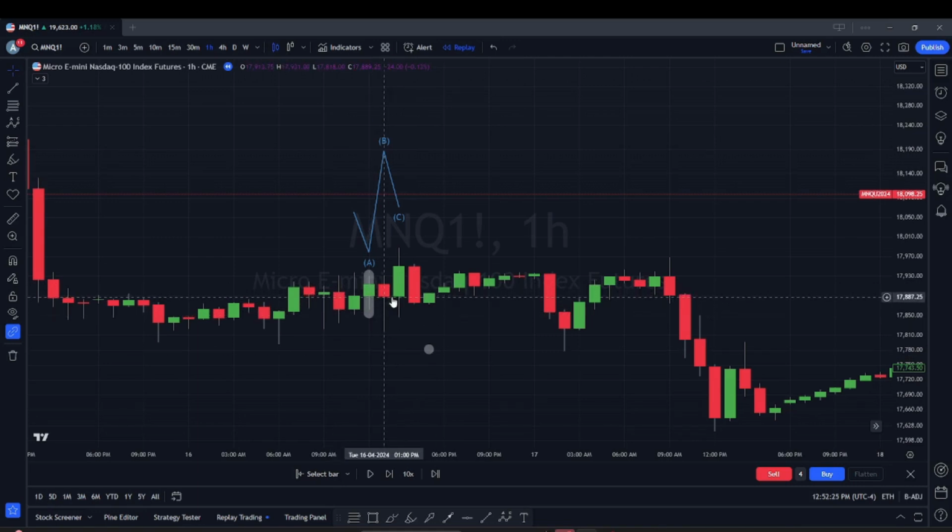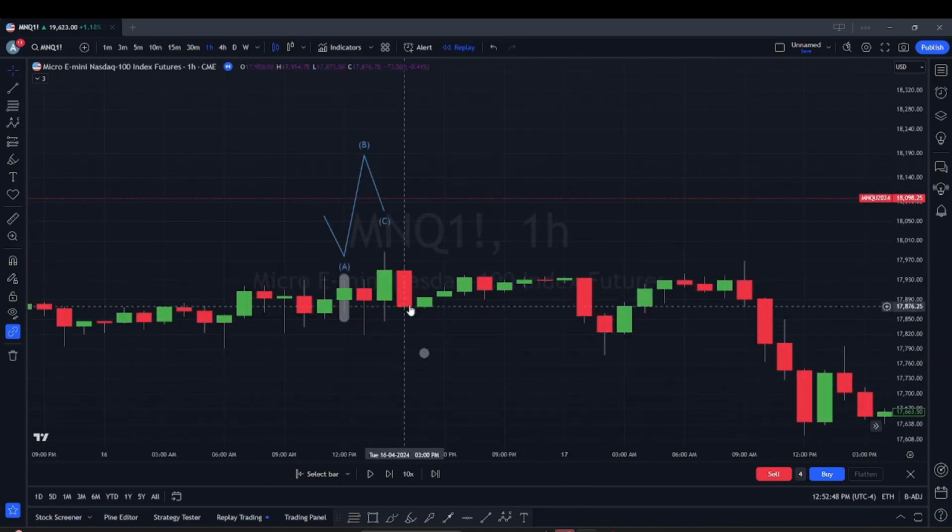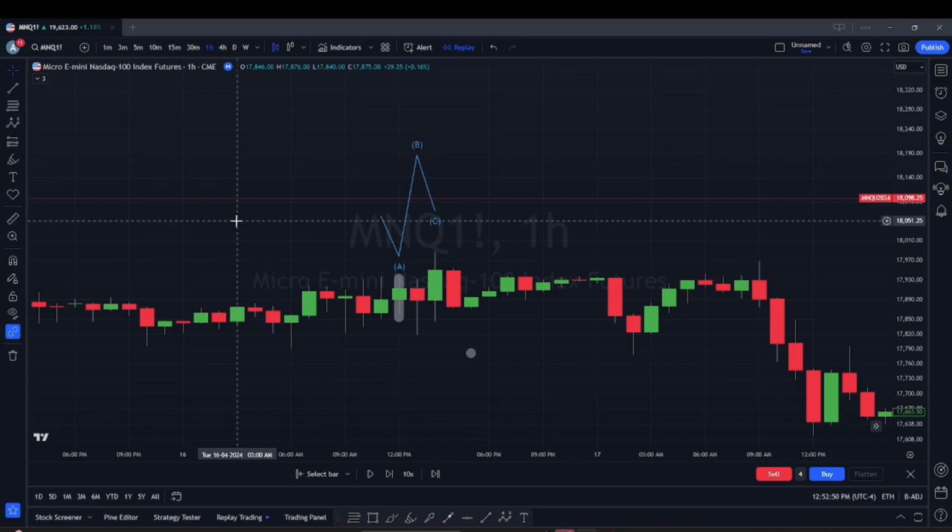I would probably have gotten stopped out because I like larger moves. Where it broke out of this inside bar, I would have played a short position and caught a move down, but it actually moved back up and would have stopped me out because I would have placed my stop up here. But this is an example of an inside bar, what you would look for.